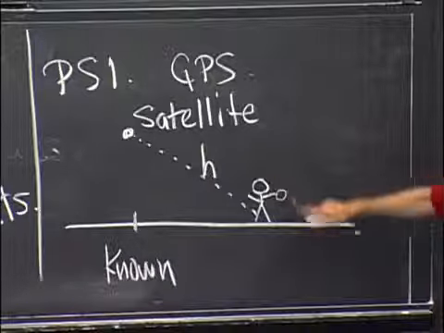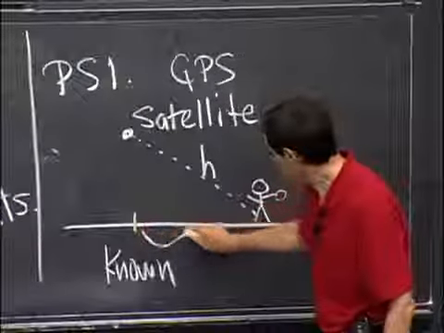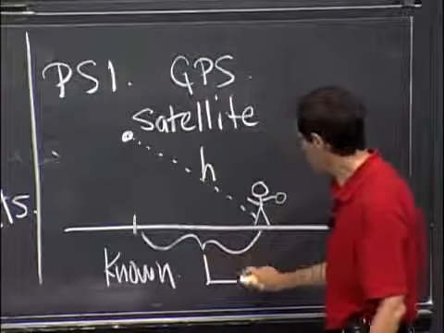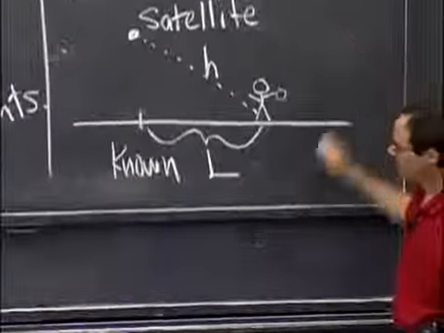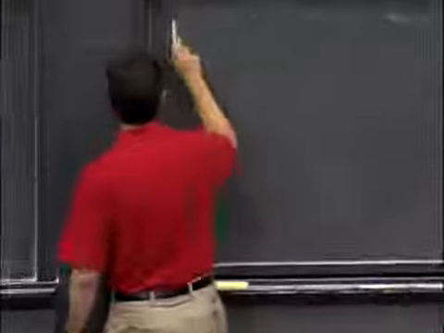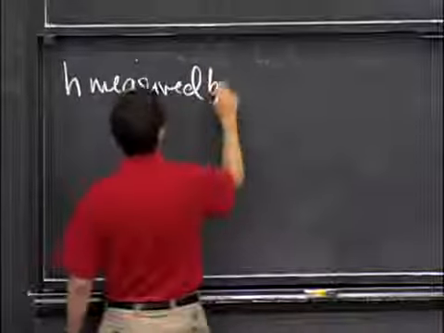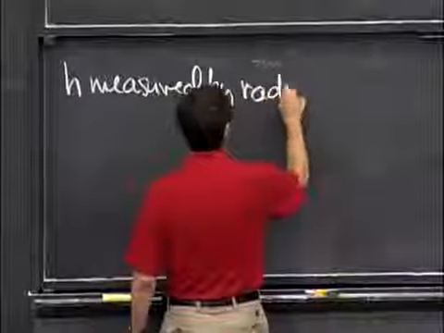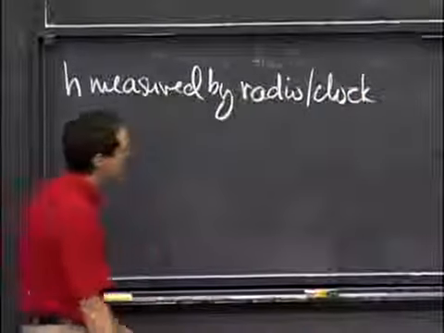And then the system will compute this horizontal distance, which is L. So in other words, what's measured, so h measured by radio waves and a clock, or various clocks.